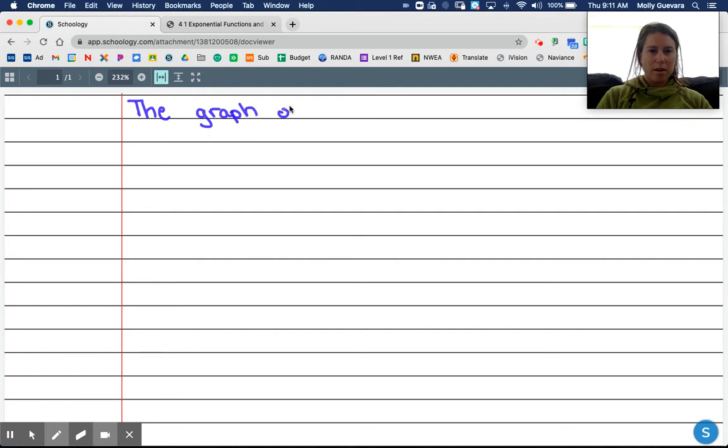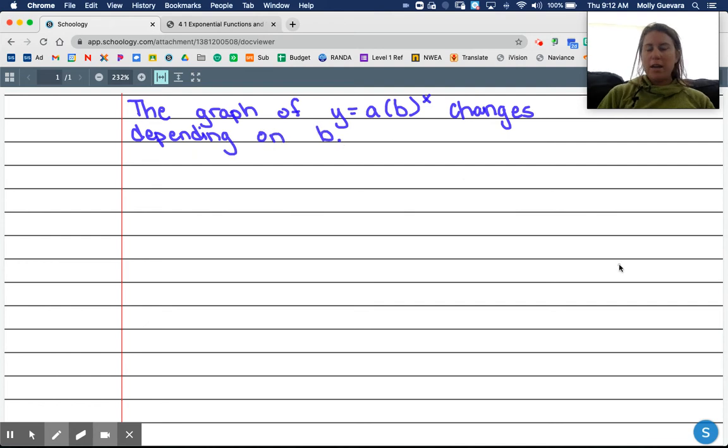The graph of y equals a times b to the x changes depending on b. So that's what makes it a little bit more difficult. But we're going to go through an example, and then I'm going to give you the parent, quote unquote, parent graph points that you can always use to help you graph the exponential function.